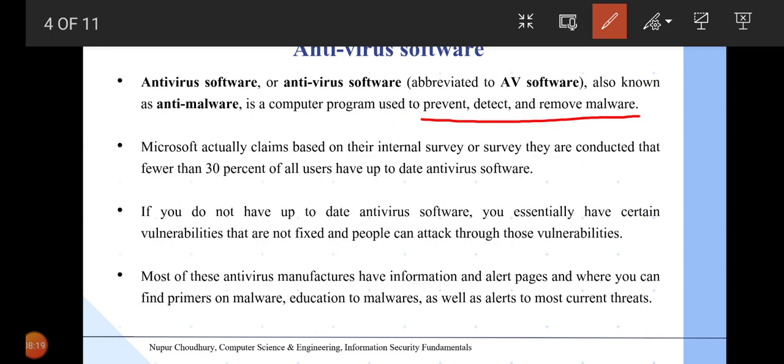So when Microsoft conducted a survey, it found that although most of us use an antivirus software, only 30% of them have an up-to-date antivirus software with up-to-date antivirus definitions.